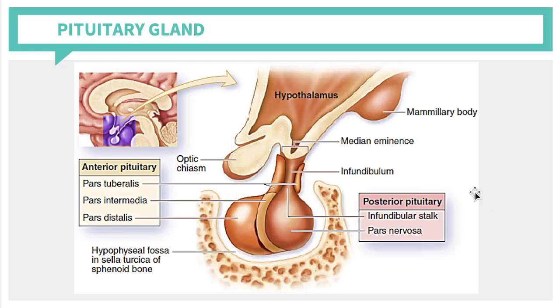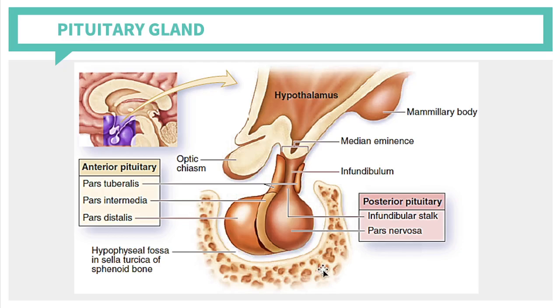And then your posterior pituitary gland is subdivided also into two. You have your infundibular stalk, your pars nervosa. Okay? Your gland here, this portion here, occupies now a fossa of your sphenoid bone. This is your sphenoid bone, called now your sella turcica.